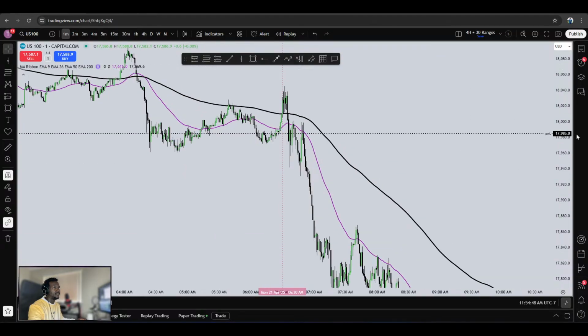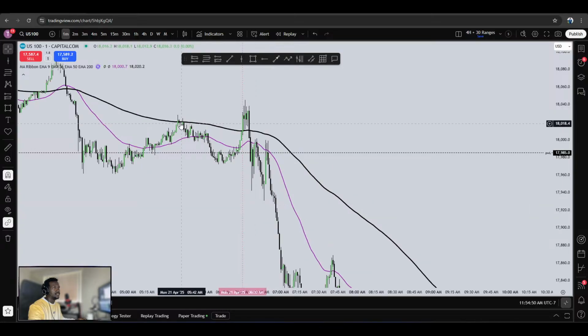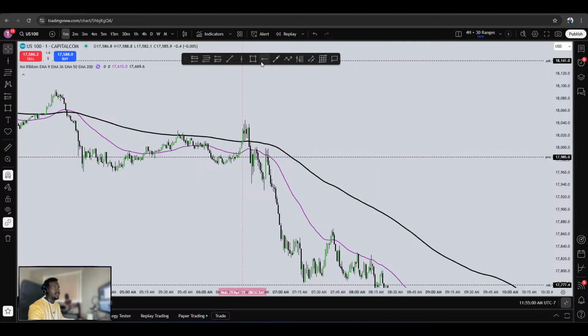Preferably it touches 200 and then keeps shooting down. But even if we did go above 200, the 50 is still staying below the 200 EMA. So this is 6:30.